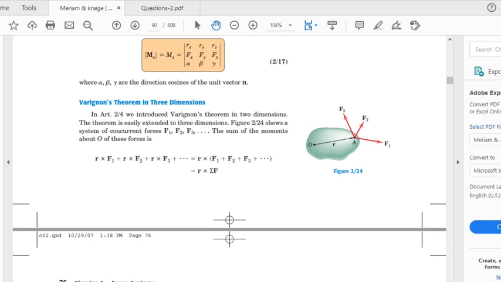In this case, vector r will have to be taken from the point O about which we are finding the moment up to the point of concurrency. You will not have a choice on r bar in this case. r bar will be from point O to the point of concurrency, which is point A in the figure shown.